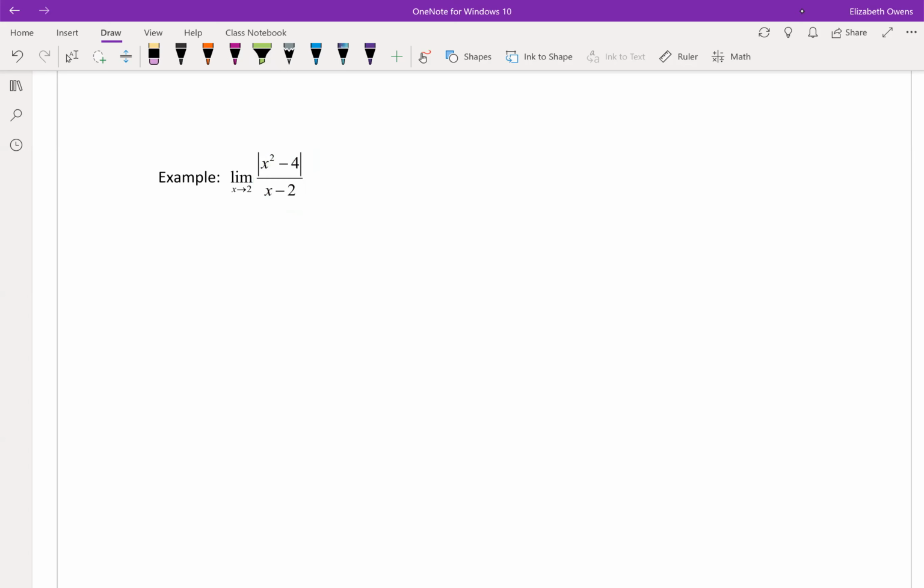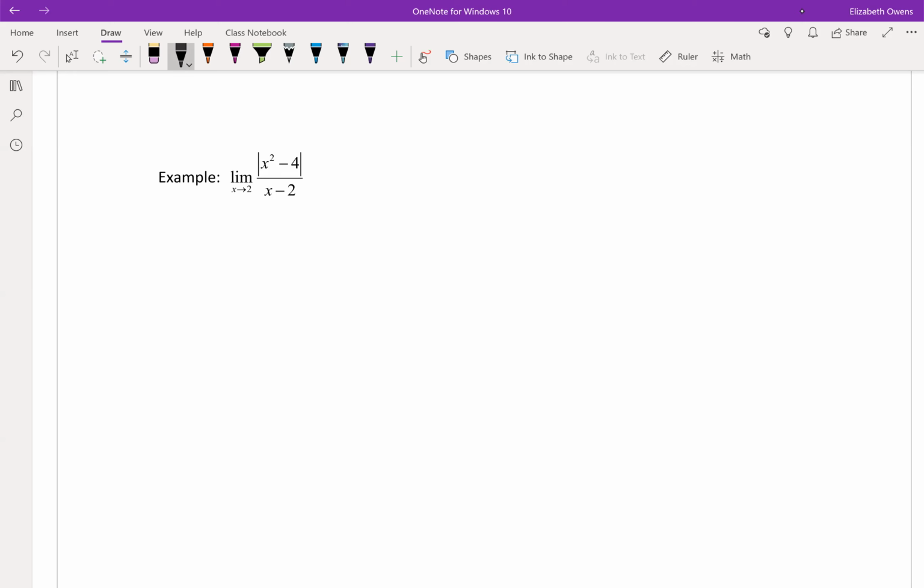So we don't really have too much we can do with those four techniques right now. That's why we go to this fifth technique from this section, the idea of one-sided limits. And we'll see what happens with that.